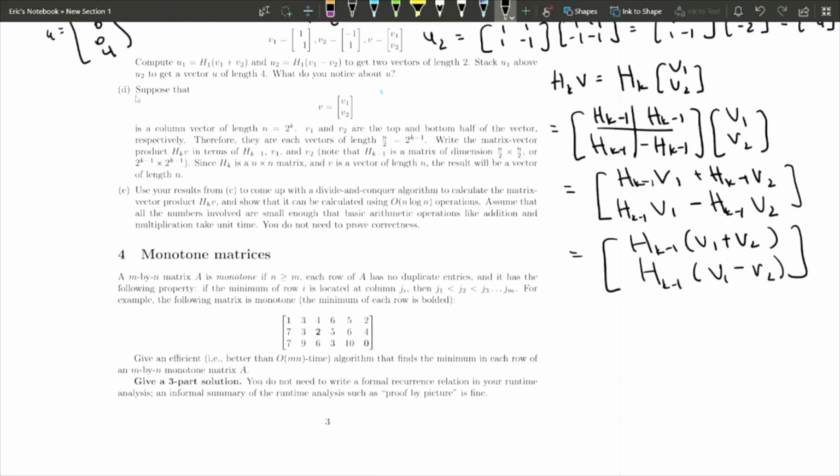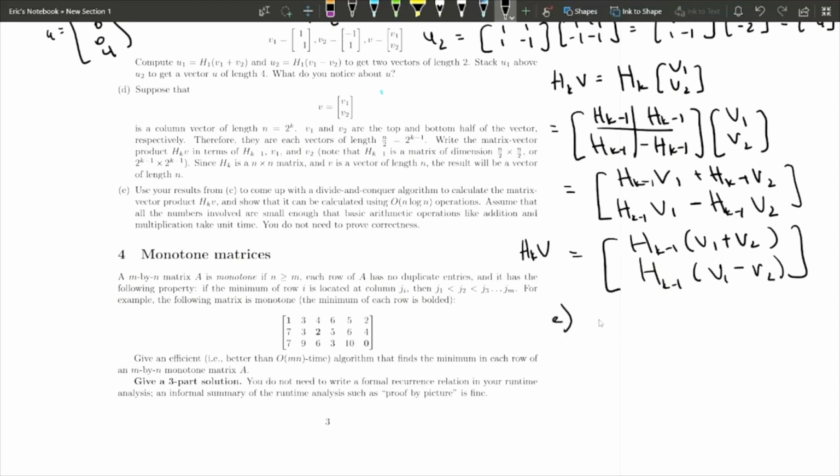And then let's also take a look at 3D. In 3D, we found that Hk of v is Hk minus 1 of v1 plus v2 over Hk minus 1 of v1 minus v2. So let's begin with our algorithm.